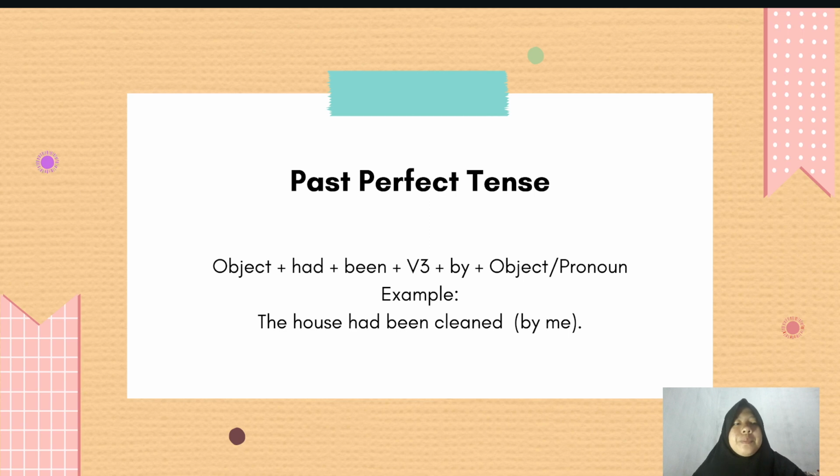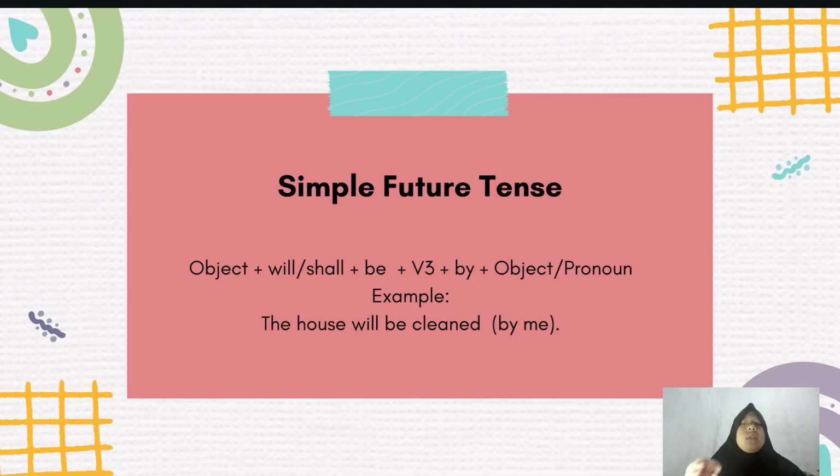The use of the passive voice helps emphasize the fact that the house was already cleaned before some other event took place. Okay, and next, in the simple future tense, we talk about actions that will happen in the future. In the passive voice, we use will be followed by the past participle.